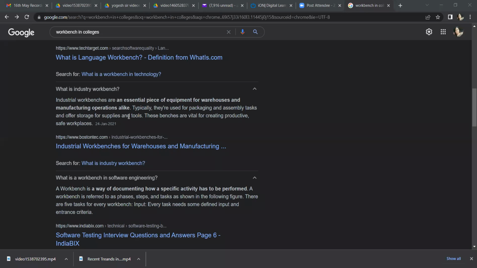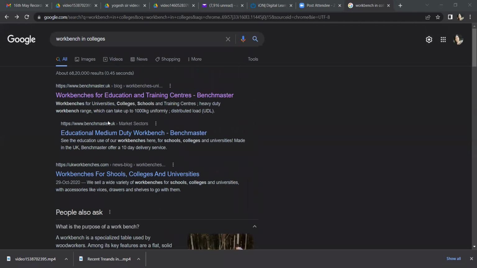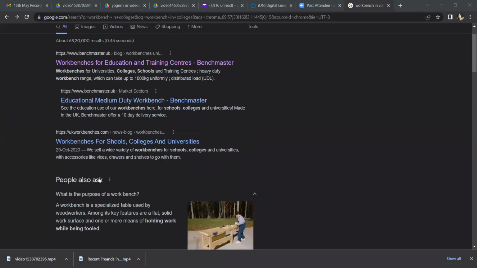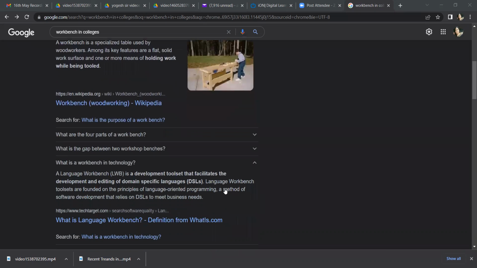So you can see that a workbench has a different definition for different applications. For example, a workbench is a specialized table used for wood cutters. That may not make sense for us because we are under software engineering, but as far as technology is concerned, it is a language workbench.